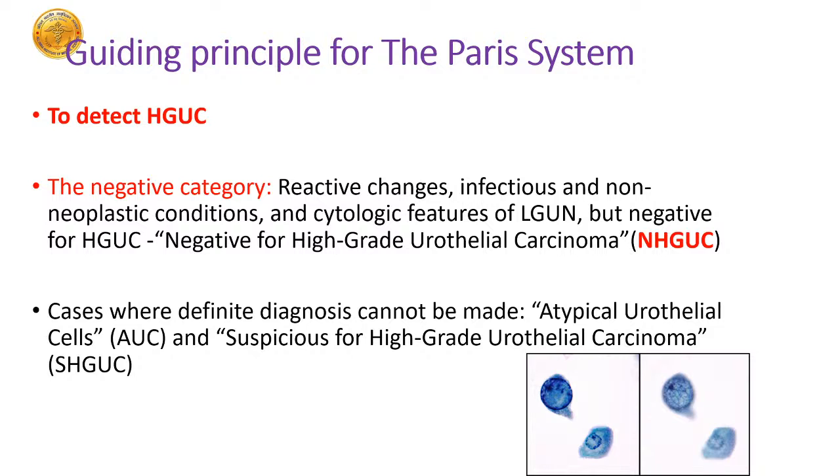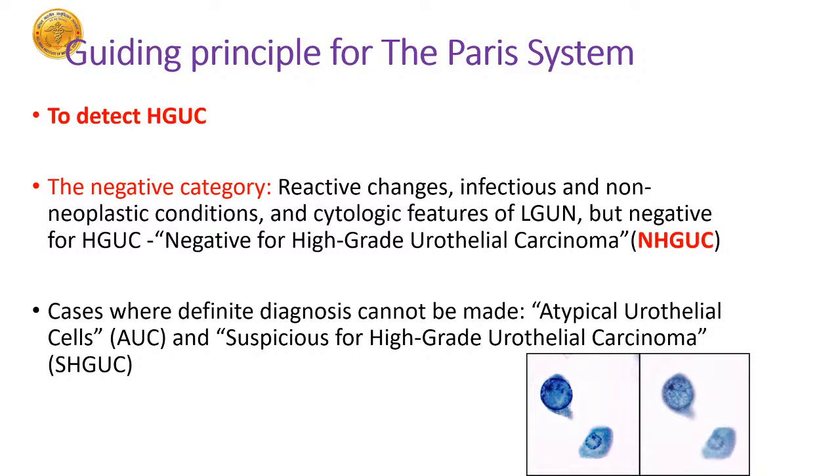When we talk about the guiding principle, again repetitively, this is for the postgraduates, we want to detect and not miss any high-grade urothelial carcinomas. Negative for high-grade urothelial carcinoma means all those cases in which we can attribute the findings to a particular condition like reactive changes, viral changes, and features of low-grade urothelial neoplasia.